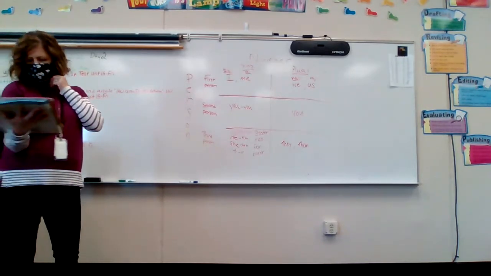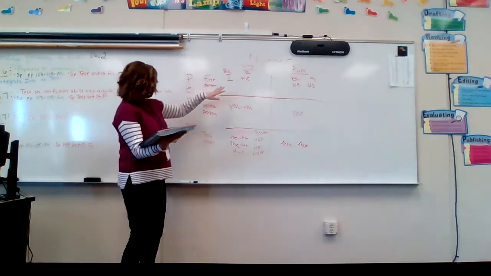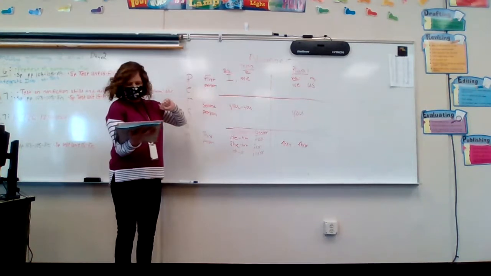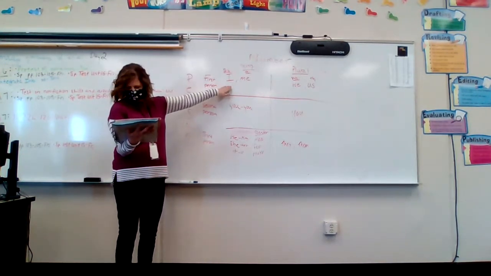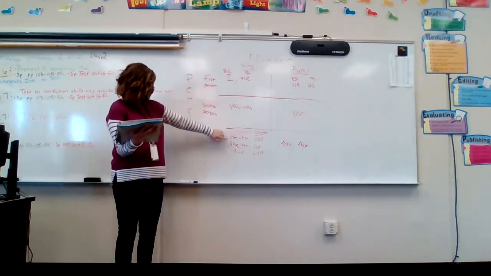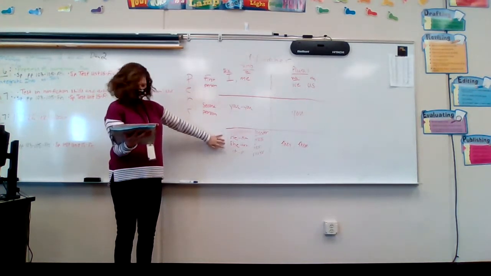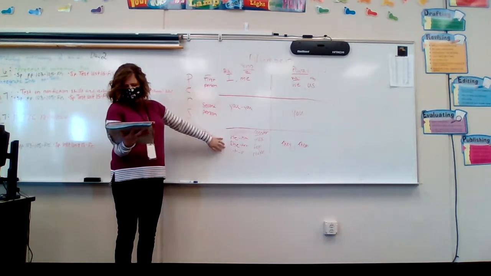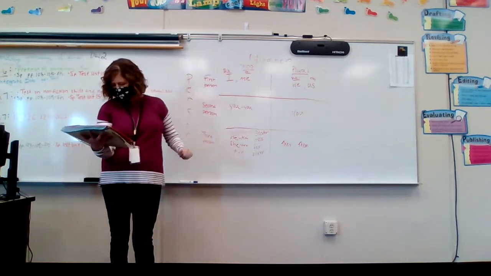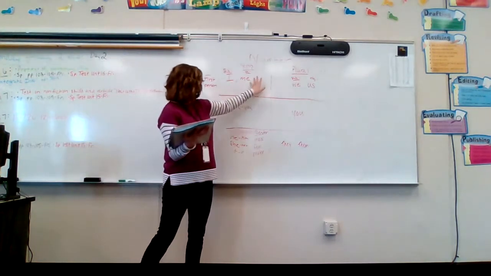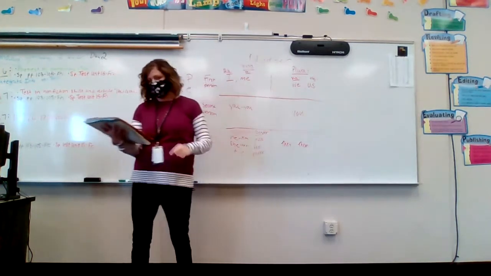Okay, so basically, the person speaking would be first person, right? Speaking of someone would be third person. Speaking to someone would be second person, right? And then singular is only one, more than one is plural.